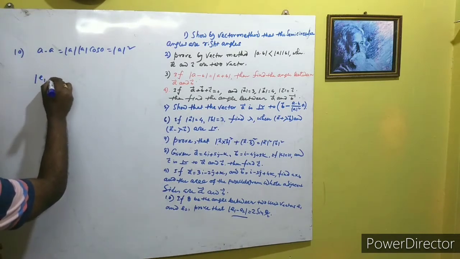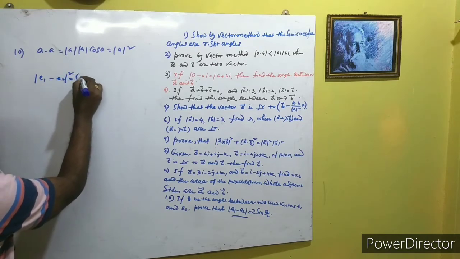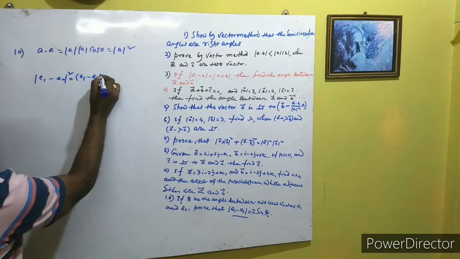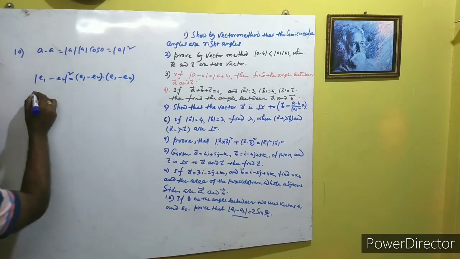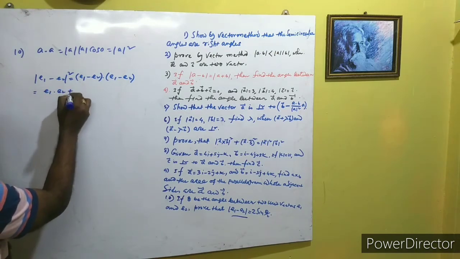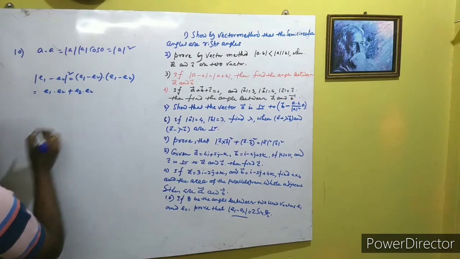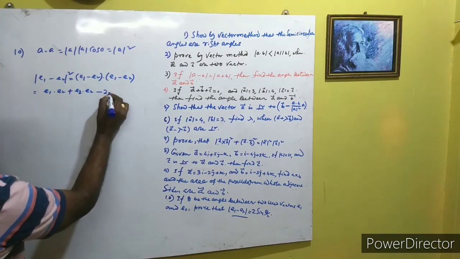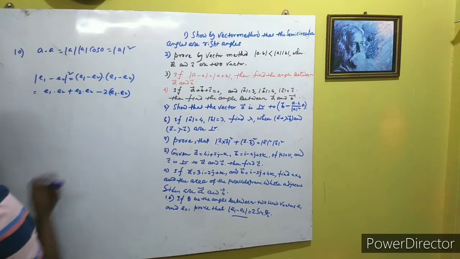Now squaring, this is a square, so we can write E1 minus E2 dot E1 minus E2. Simply the dot product we can apply here: E1 dot E1, E2 dot E2, minus 2 E1 dot E2.